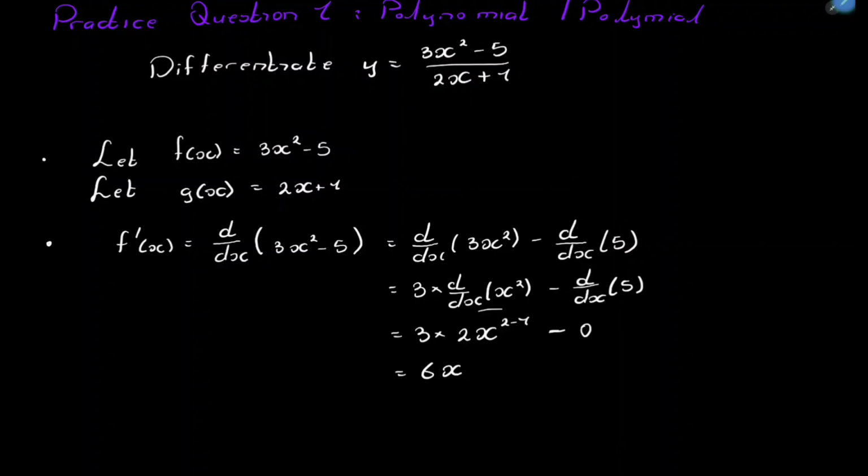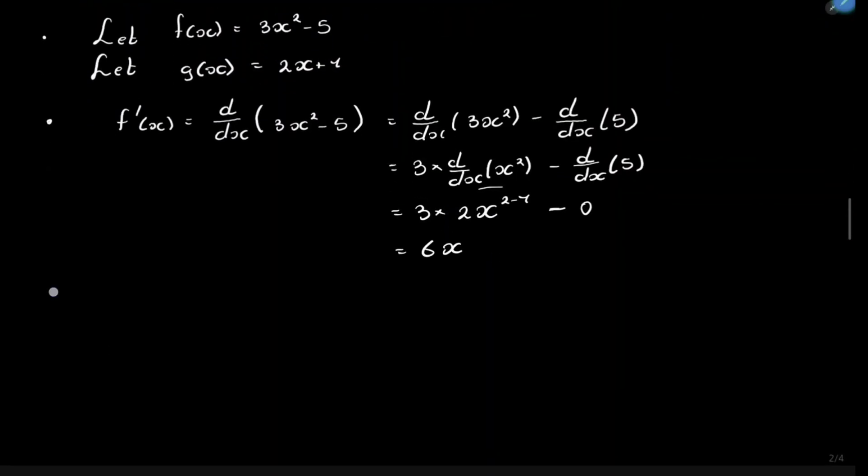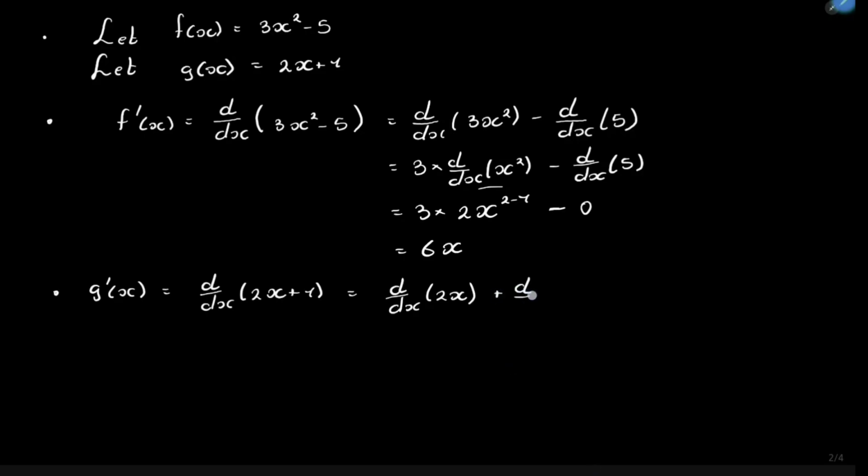Moving on to our third step, which tells us to find the derivative of our denominator, that is g prime of x. This is equal to the derivative with respect to x of 2x plus 1, which from our sum rule gives the derivative of 2x plus the derivative of 1.